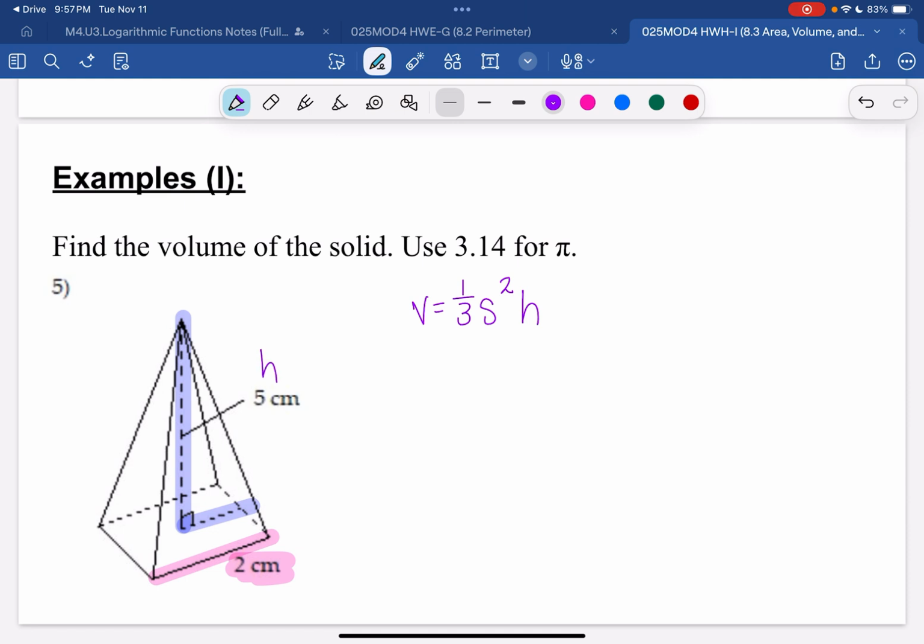So height is 5, side is 2. So volume equals 1/3 times my side squared times my height. And then we would put that in our calculator. And I got 6.67 centimeters cubed.